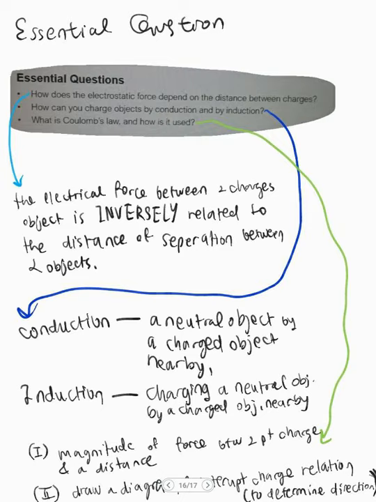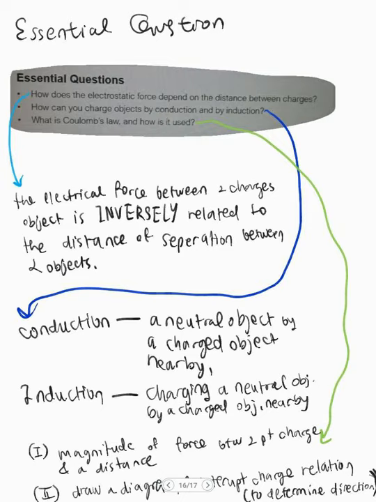Charging by conduction is when a negatively charged rod is touched to the knob of the electroscope, and electrons are added to the electroscope, and the two leaves are charged negatively and repel each other, which means they spread away. But charging by induction is when we charge the neutral object by bringing a charged object near it.